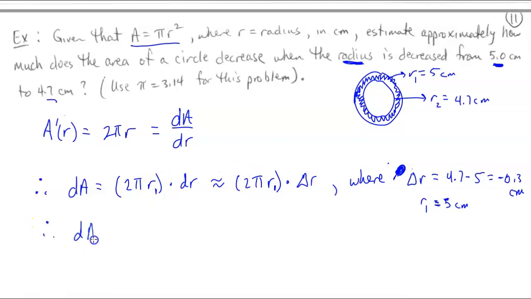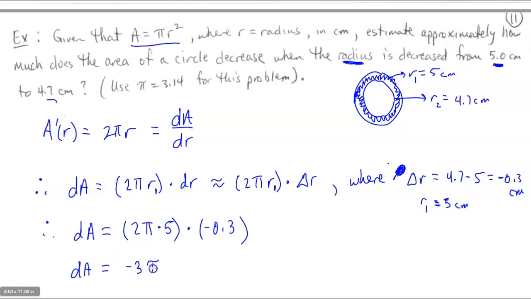So now that we know that, the change in area is just going to be 2 pi times 5 times the change in r, which is going to be this negative 0.3. And of course, that's in centimeters. So if we work all that out, then this is going to be 10 pi, and I guess 10 times a negative 0.3. It's just going to be a negative 3 pi.